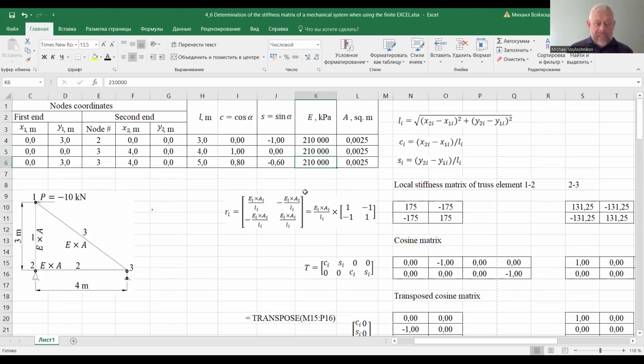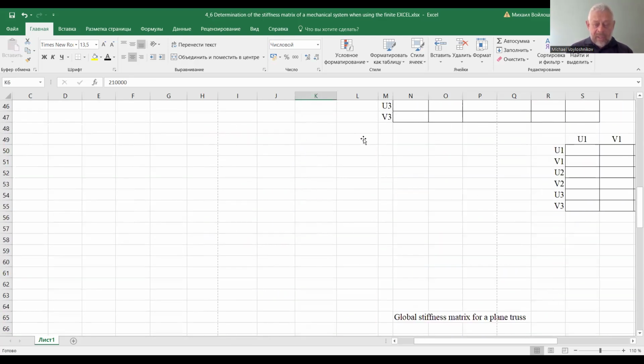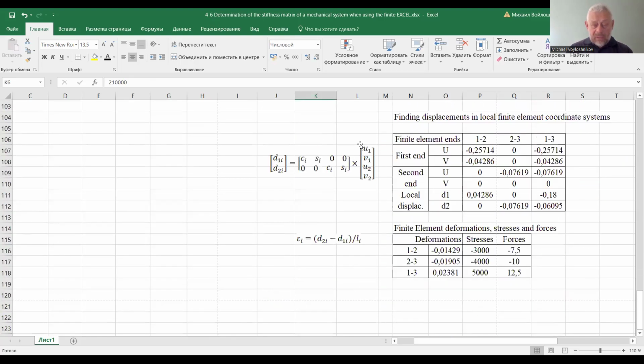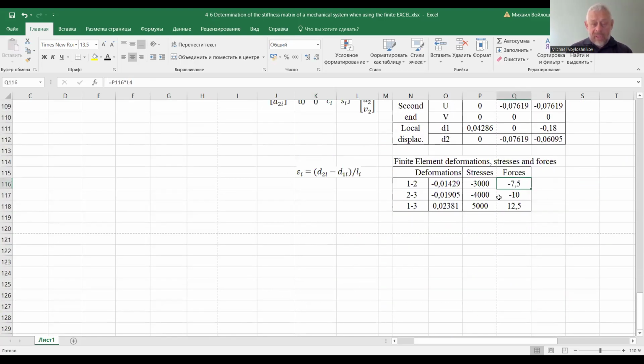And to find the force, we have to multiply the stresses acting in each finite element by the transverse area of each finite element. So we get the forces as the product of the stresses by the area of the transverse section of the finite element.